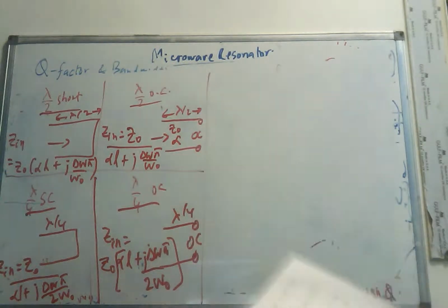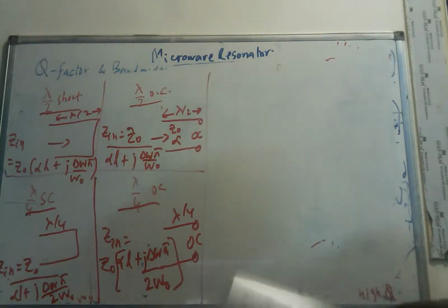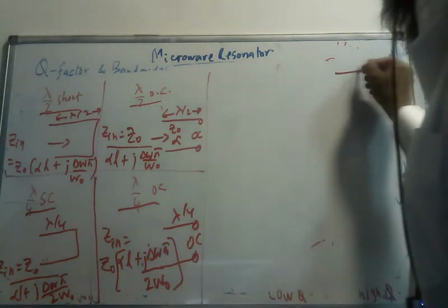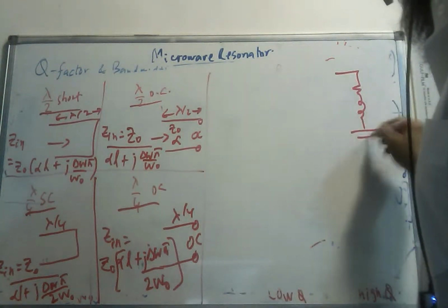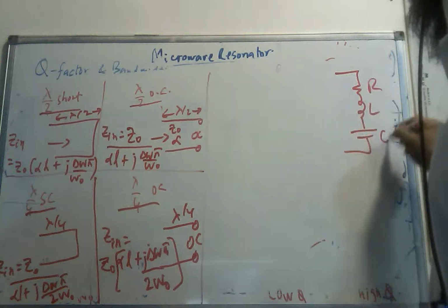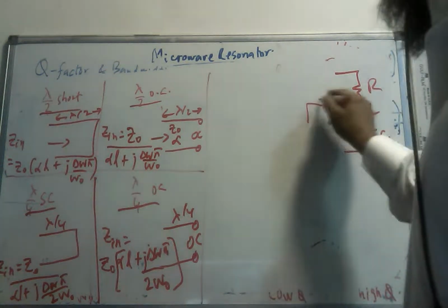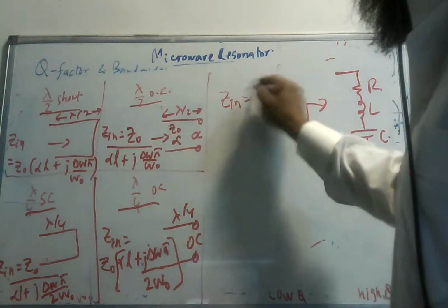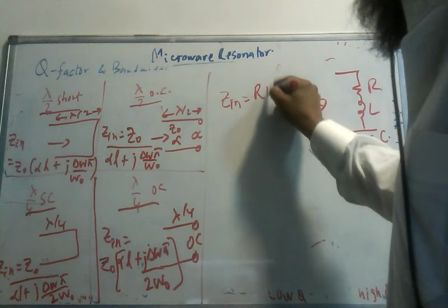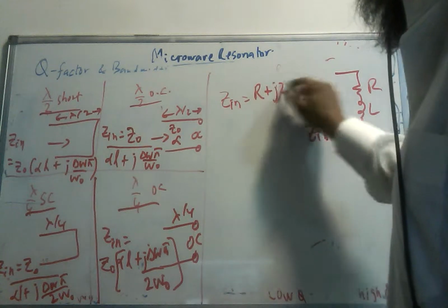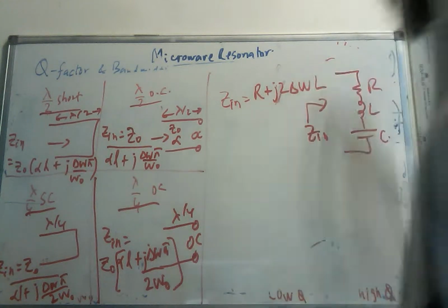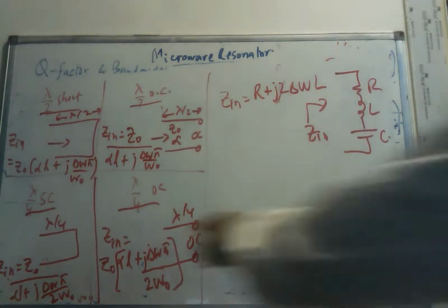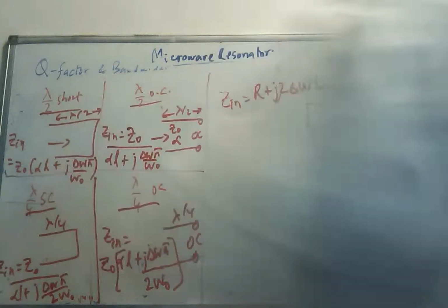So these are the 4 circuits, and if we look at the input impedance of the resonance, I can make them equal. For the series circuit, the input impedance, as we found a few minutes ago, was R plus j2 delta omega L. So I need to look at these circuits and find out which is the closest formula.